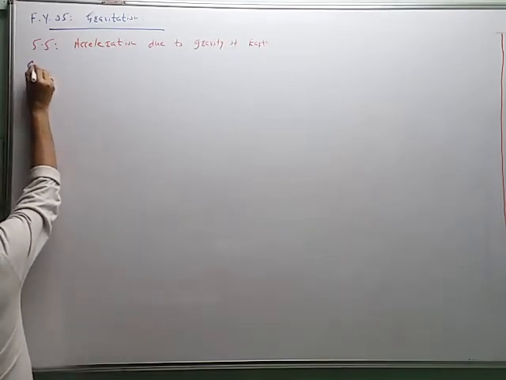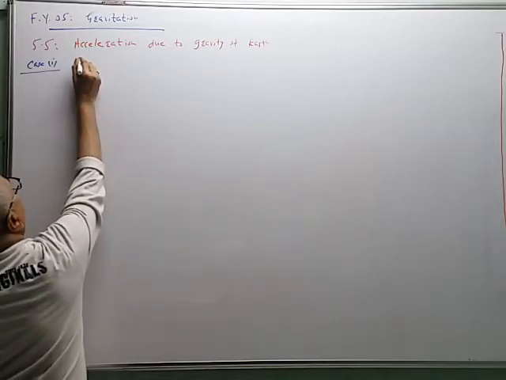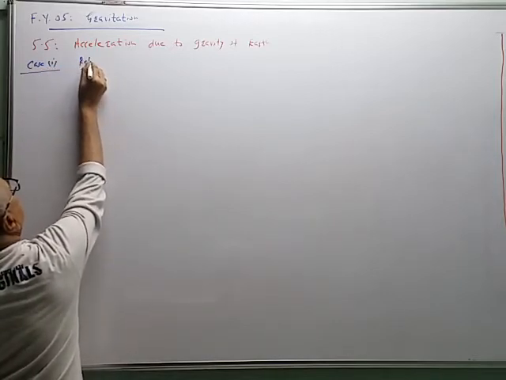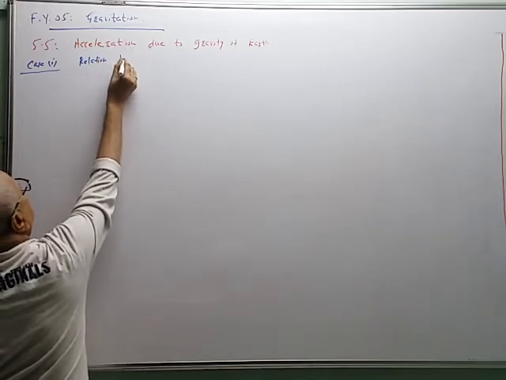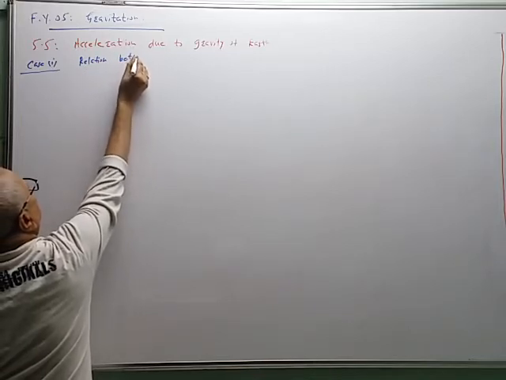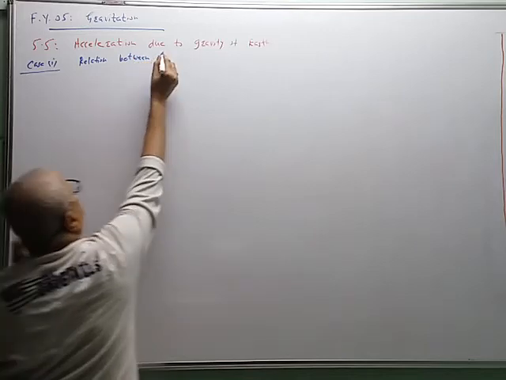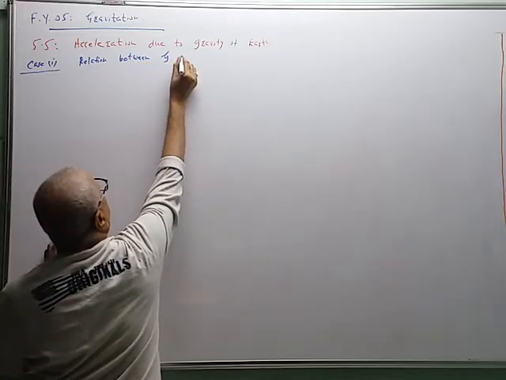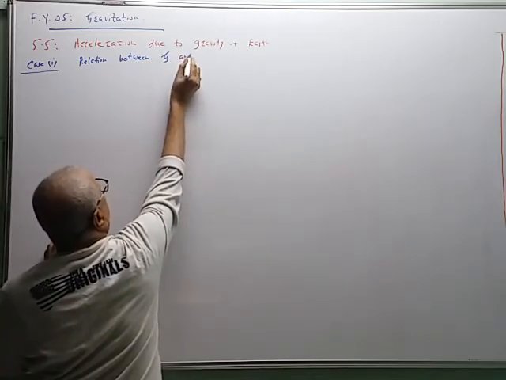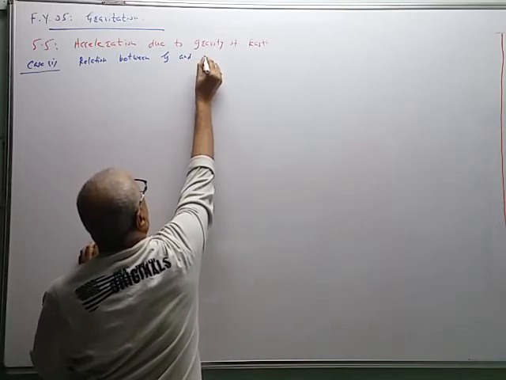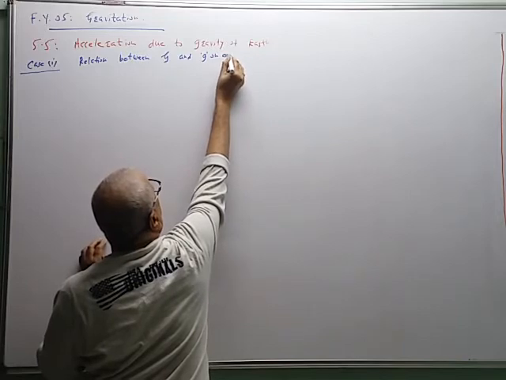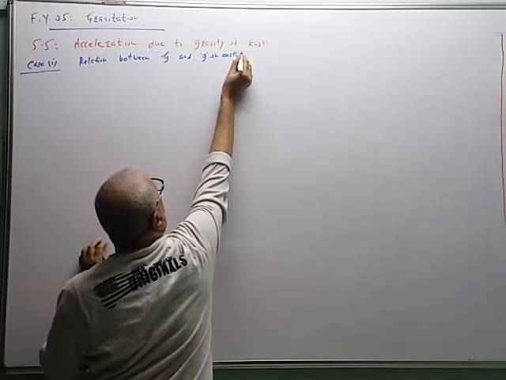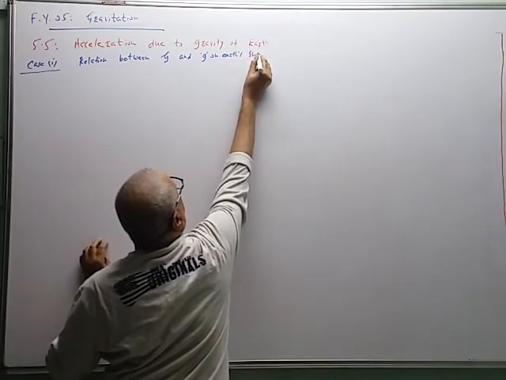Case number 1. Relation between universal constant of gravity field G and g on Earth's surface.